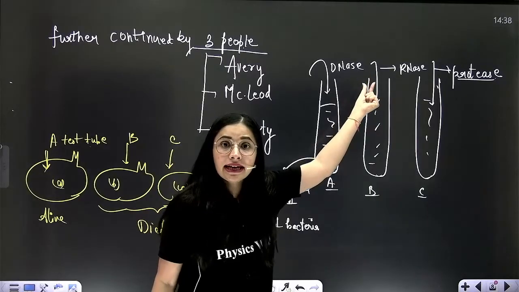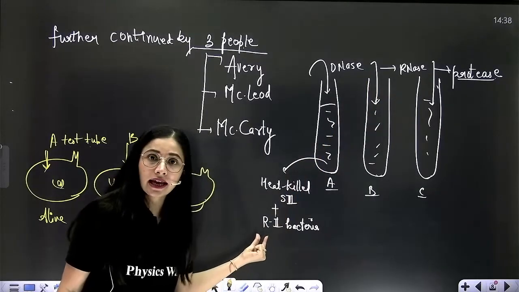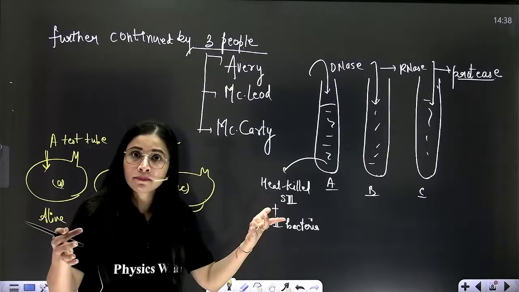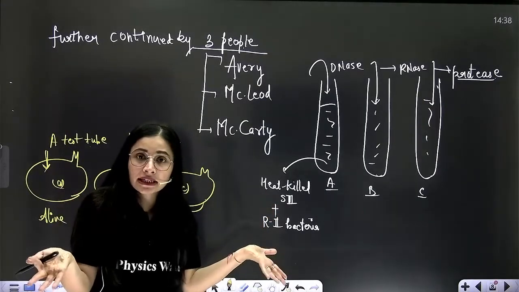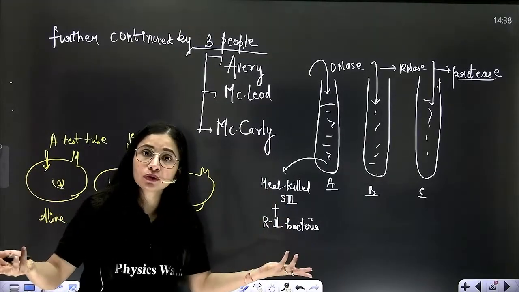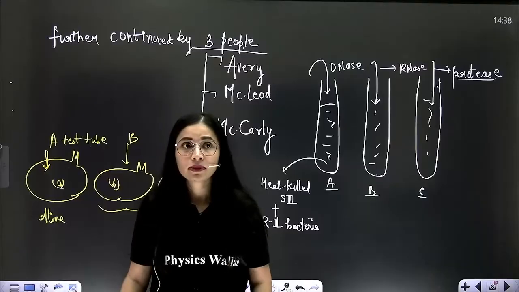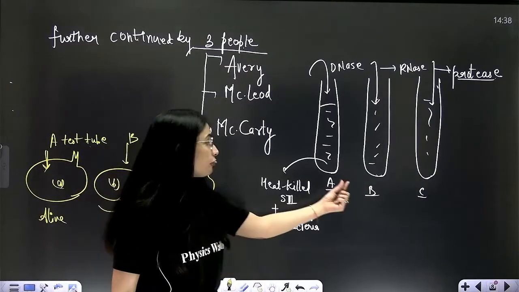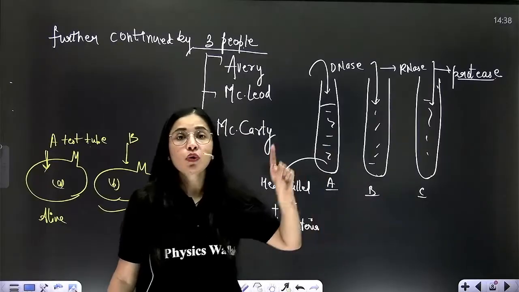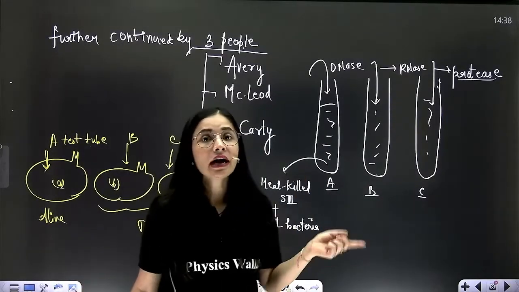So this DNase will break the DNA and R2 will not get any genetic material. R2 did not pick up the genetic material. R2 remained as R2. It did not become virulent. So the mice is alive.